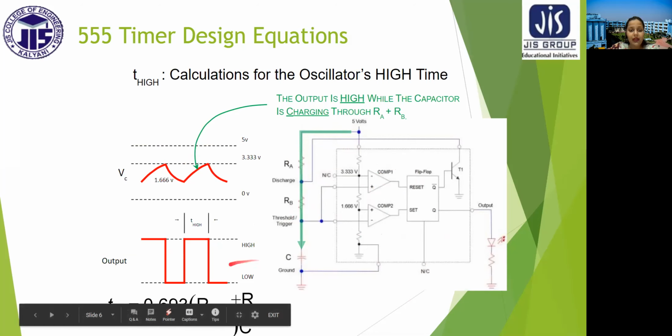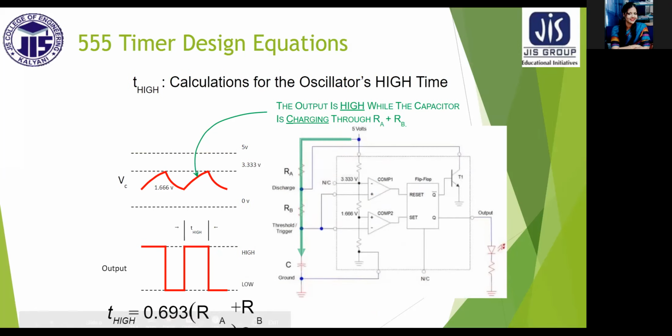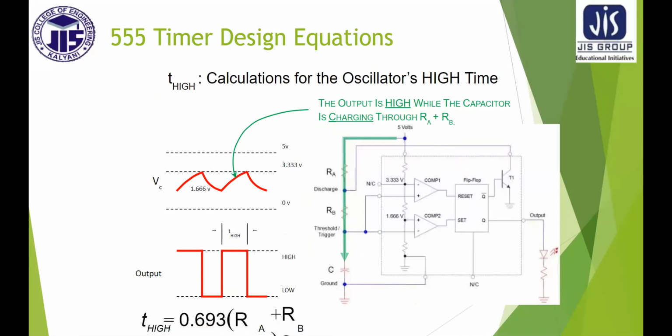Just draw this waveform and write down the equation. The high time means the rising time of the capacitor. The derivation is not required, you just need to remember the equation.